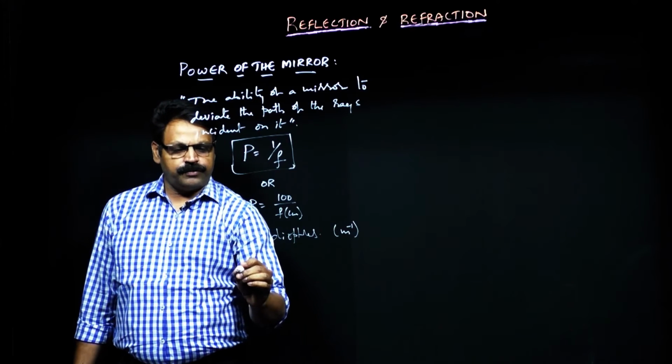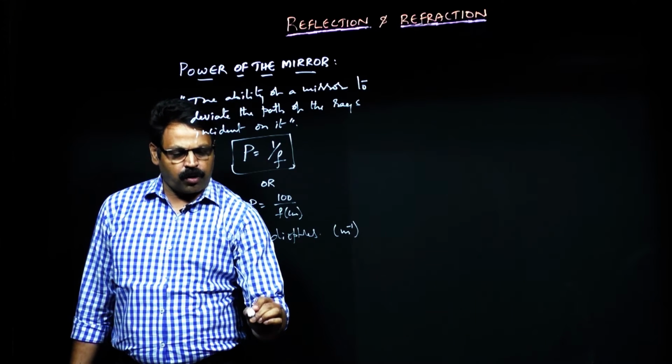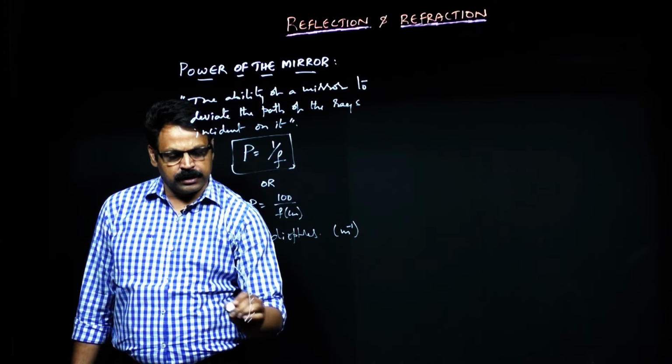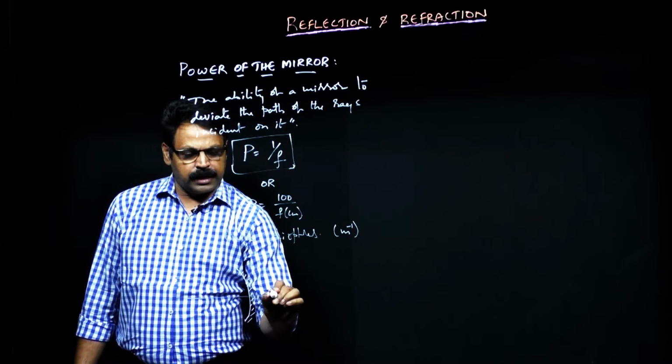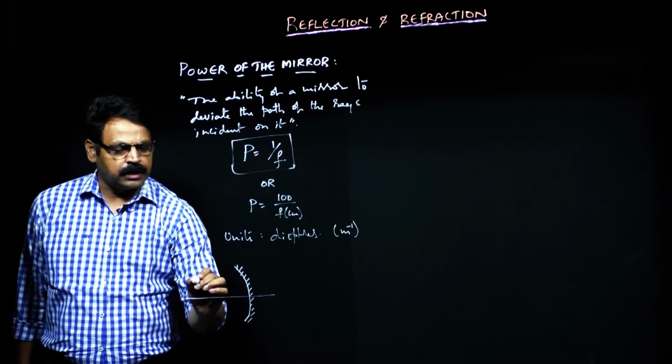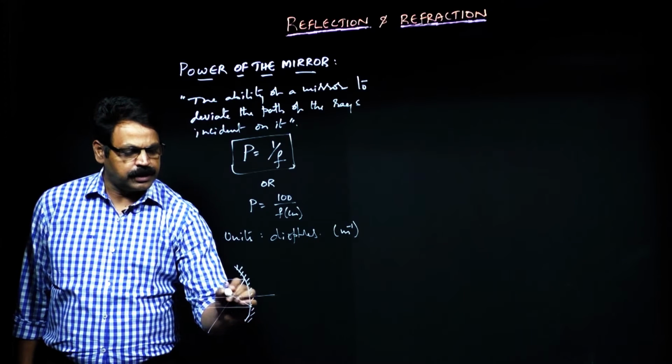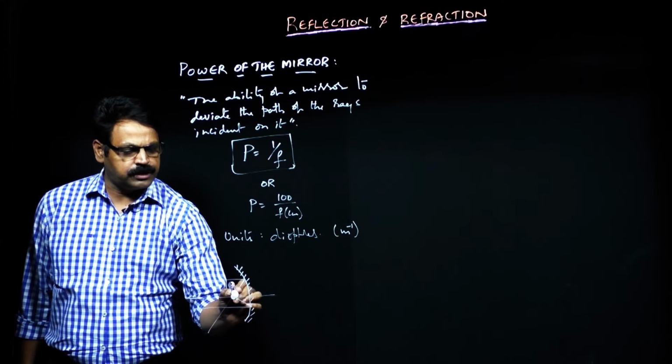See here, if you are considering a concave mirror like this, whenever a parallel beam of light is falling on that, it is converging at a point. So this is called a converging mirror.